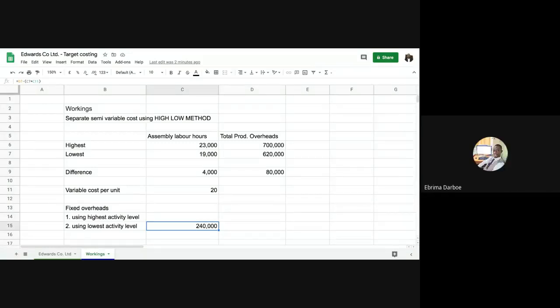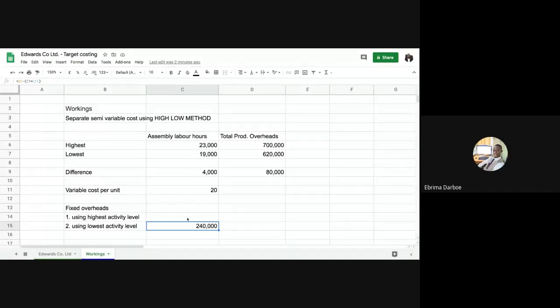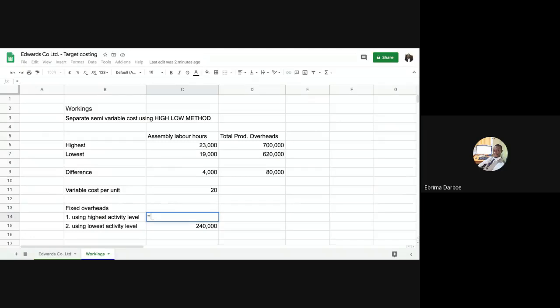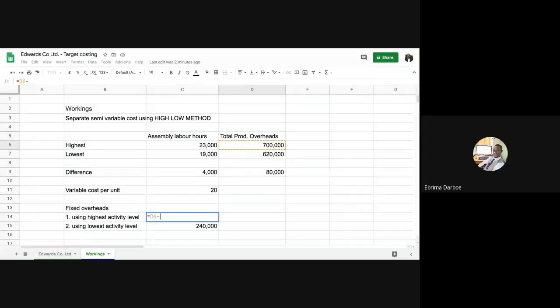Can I come in? Yes, you can come in. Adese is having some connectivity issues. Yes, Ibrahim, come in. Okay, equals. The highest activity level, that's 700. Okay, so I click on the cell reference for 700, which is D6. Minus. Bracket open.